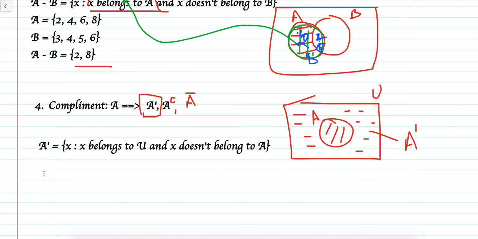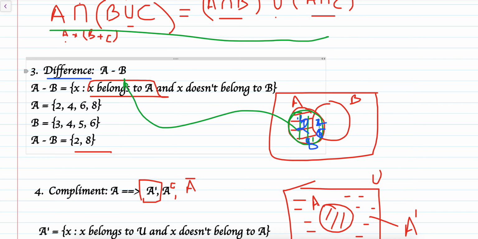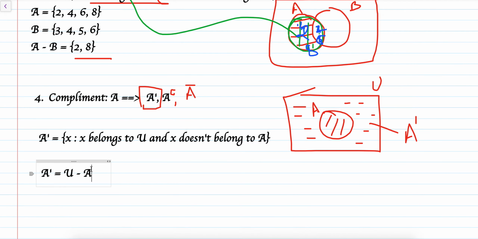So we can write A prime equal to U minus A. So we have subtract from U, we have removed all the elements which are present in A. So here in the difference we had seen that A minus B means from A remove all the elements that are present in B. Similarly, from universal set we have removed all the elements which are present in A.